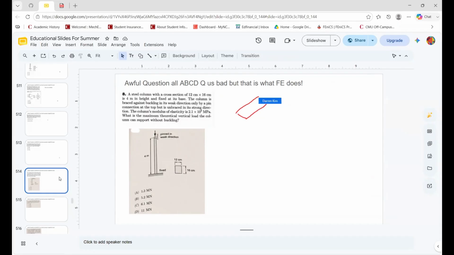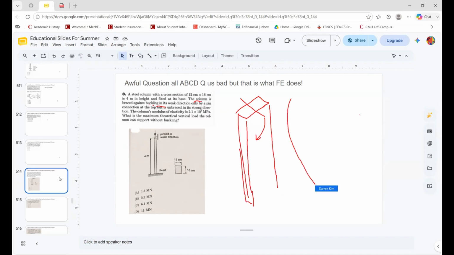In a 3D object, it looks like this, right? And the braces are okay. The column is braced against the buckling of the weak direction. So that means in the weak direction it is pinned. So moving this way is like this, like this.